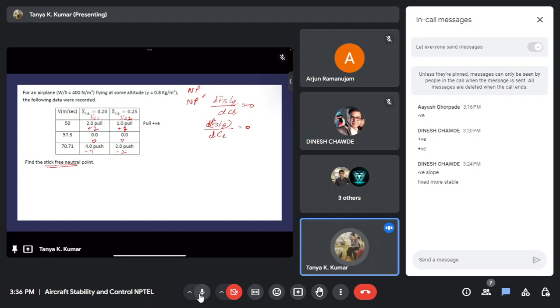We need to find out all of these terms first, right? So Fs by q, CL, all of those. So how do we find out q? What was q?